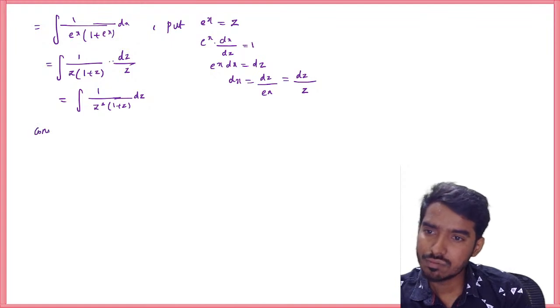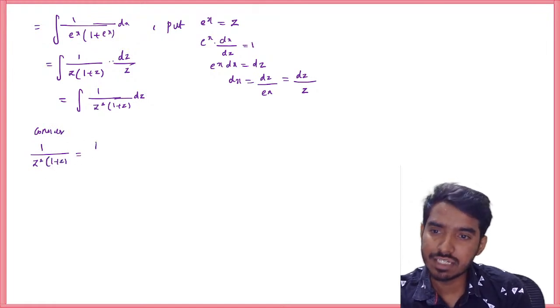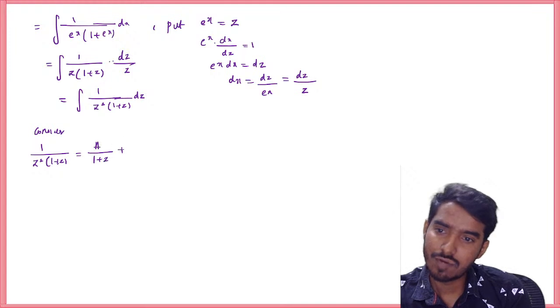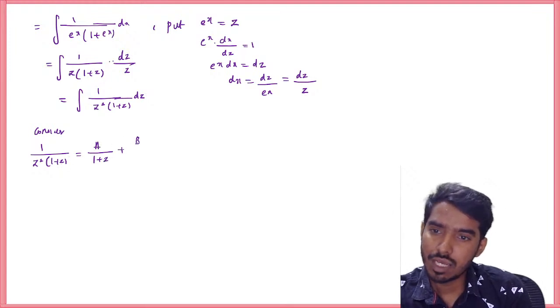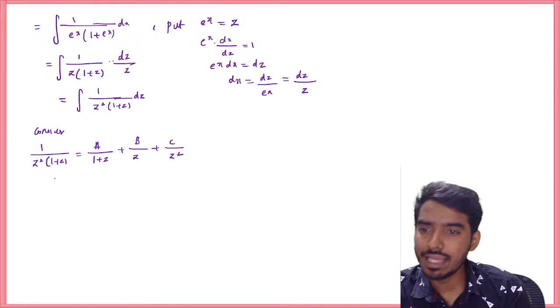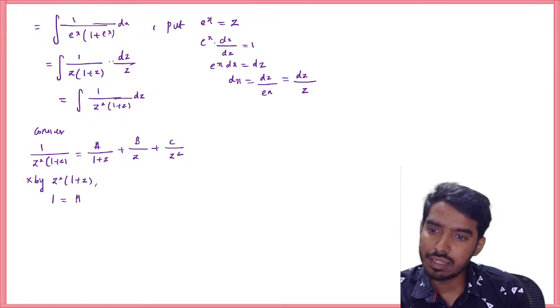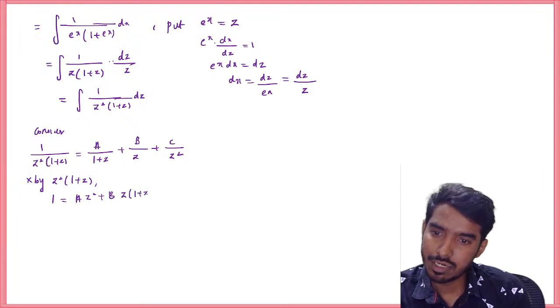So consider 1 by z squared into (1 plus z). What is your partial fraction? How do you write it? A by (1 plus z) for this distinct root, B by z plus C by z squared. This is how you write partial fractions. Now find A, B, C. Multiply by z squared into (1 plus z) throughout. So we have 1 is equal to A z squared plus B z (1 plus z) plus C (1 plus z).